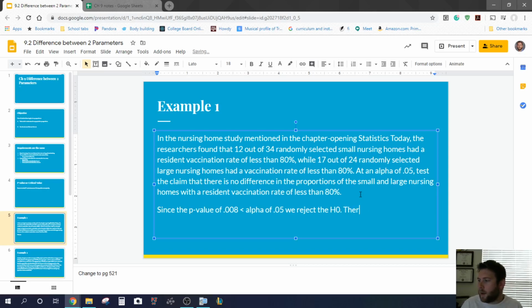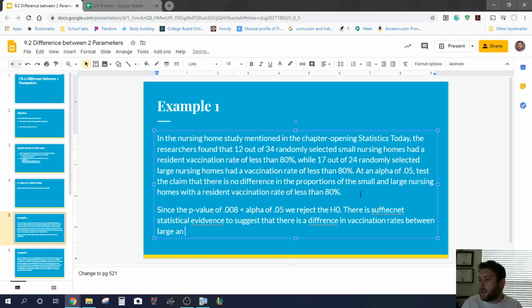There is sufficient statistical evidence to suggest that there is a difference in vaccination rates between large and small nursing homes.